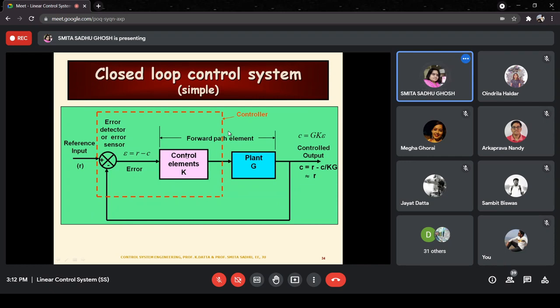So now we have in front of us what is called a closed loop control system, but this is a simple form, in which the feedback element has a gain. The feedback element has not been shown as a separate block, because even if a block is used, the gain would be unity within that block. So this is a simple closed loop control system.